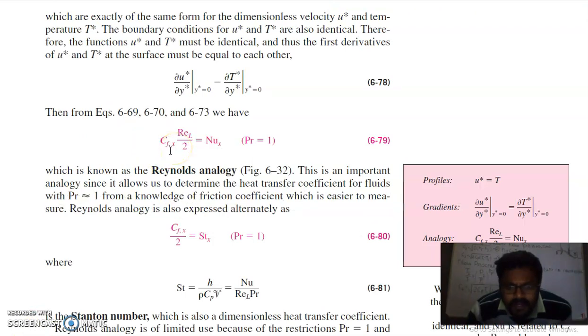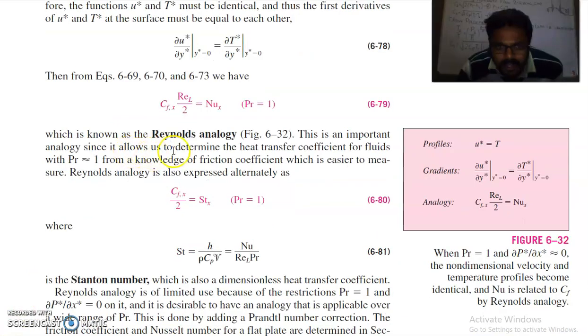This is an important analogy. It allows us to determine the heat transfer coefficient for fluids with Prandtl number 1 from knowledge of the friction coefficient, which is easier to measure. It can also be expressed as you can see here: u can be replaced by temperature, this gradient can be equal to the temperature gradient, and this is equal to the Nusselt number.